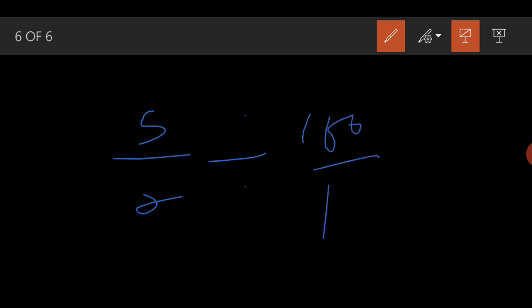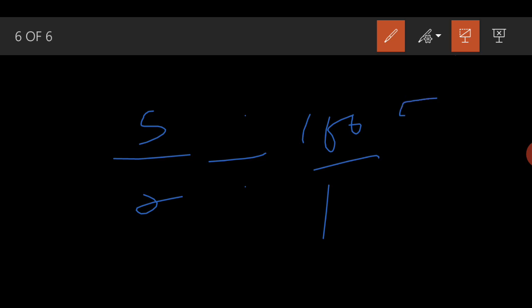All over 100 is still the same thing as 5/2 divided by 100/1. Okay, but we want it as multiplication, so this will go up and that will come down.